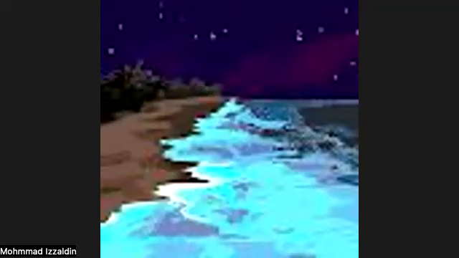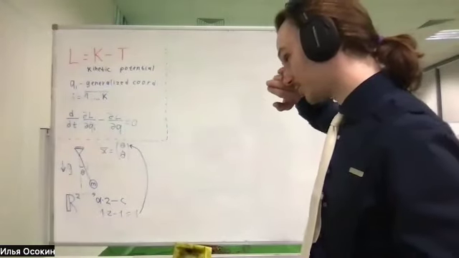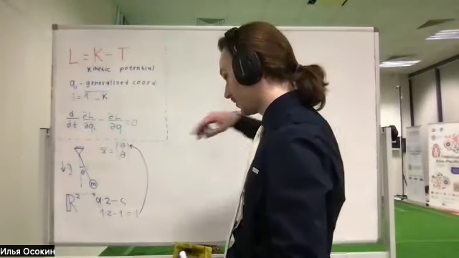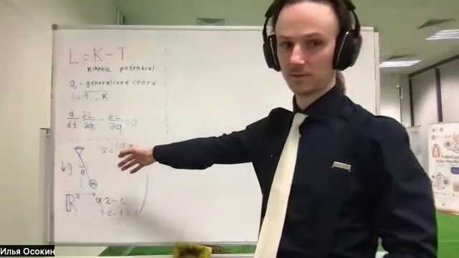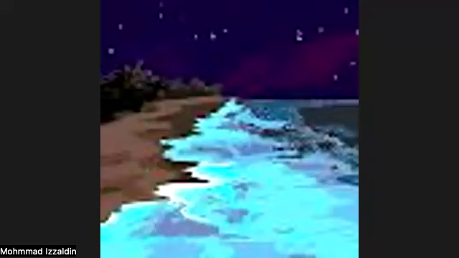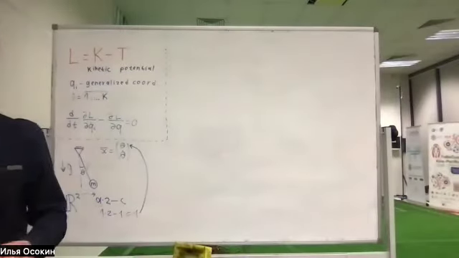I have a question. In the kinetic energy equation, which is half m v squared, instead of v, should I put the theta dot? I would put theta dot times L. So both squared, of course.